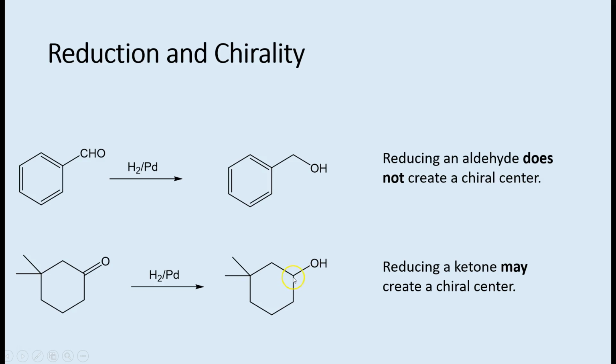We've got an oxygen, we've got a hydrogen, we've got a carbon that when we go around the ring this way does not look the same as this carbon when we go around the ring that way, because in order for them to be the same, there would also have to be 2 methyl groups on this carbon. And therefore, we are, in fact, creating a chiral center when we reduce 3,3-dimethylcyclohexanone. So let's take a look at 3 possible things that could happen.